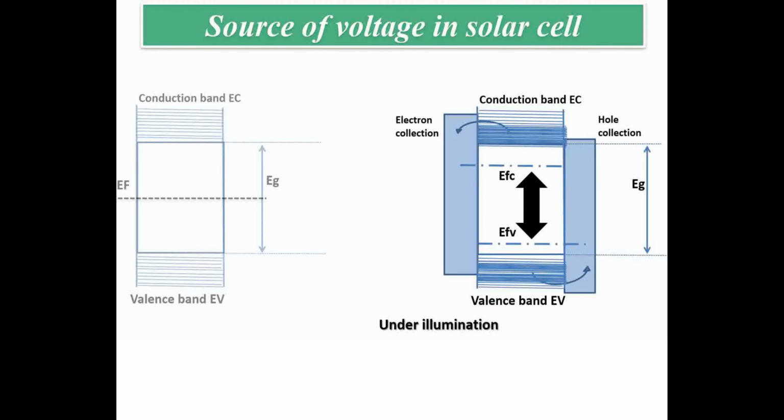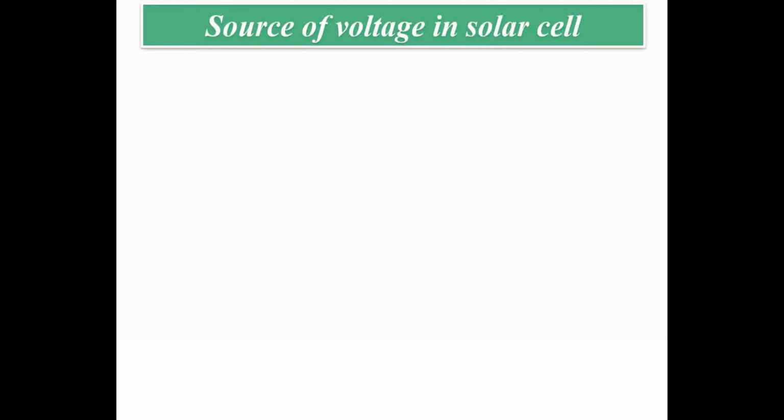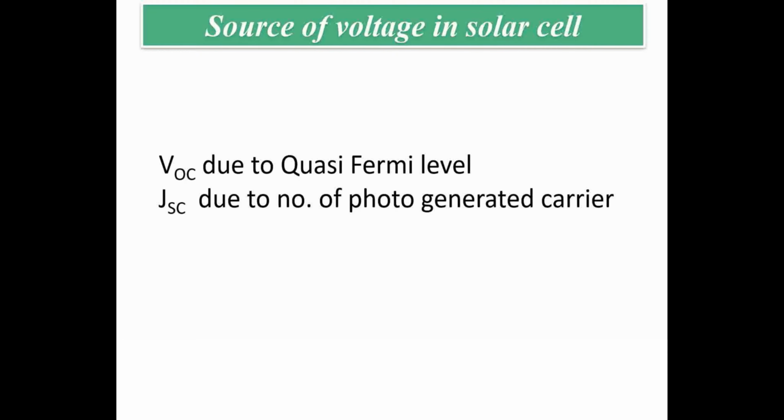So from our discussion, VOC is due to the quasi Fermi level splitting, and JSC is due to the number of photogenerated carriers, how many photons are absorbed and how efficiently you are separating and collecting them. So now I think why this VOC is coming is more or less clear.